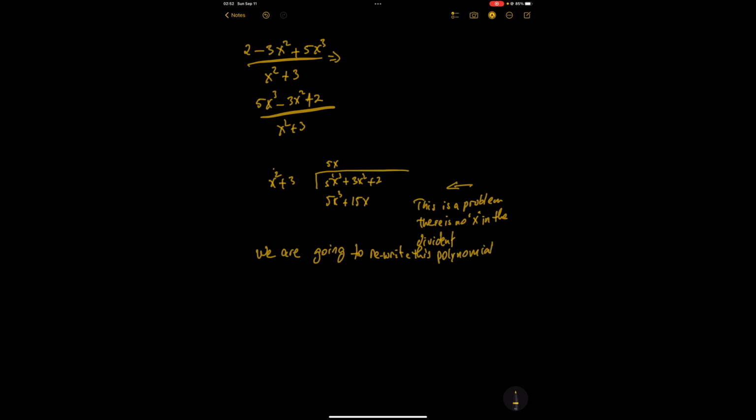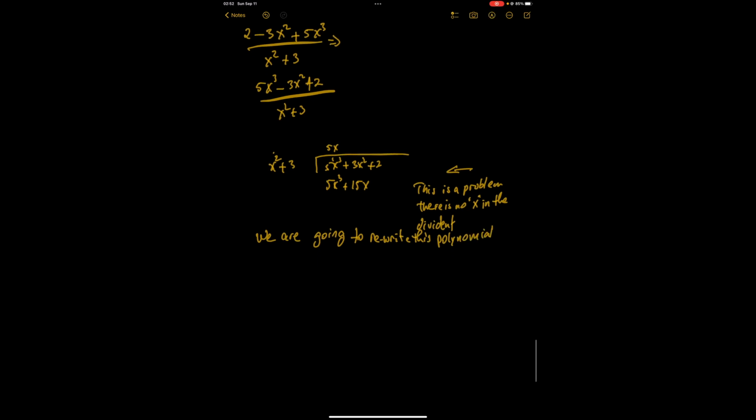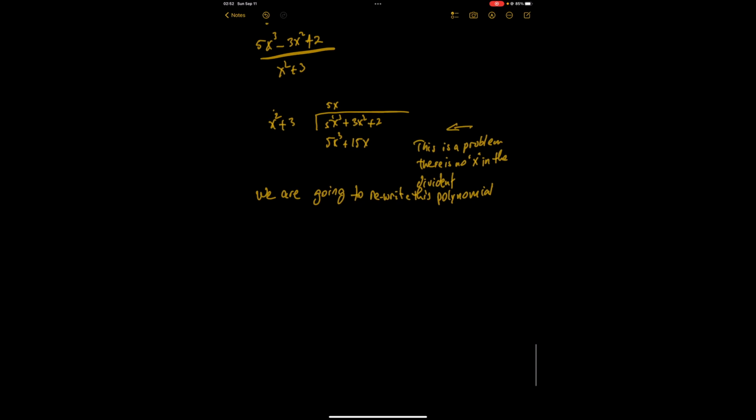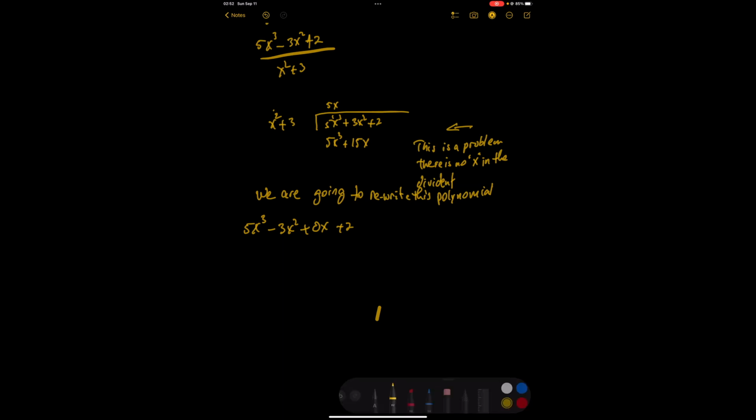All right. So what we're going to do, we're going to add an x into it. So instead of that, we're going to have 5x cubed minus 3x squared plus 0x plus 2. Okay. We just added the x just to make life easier.